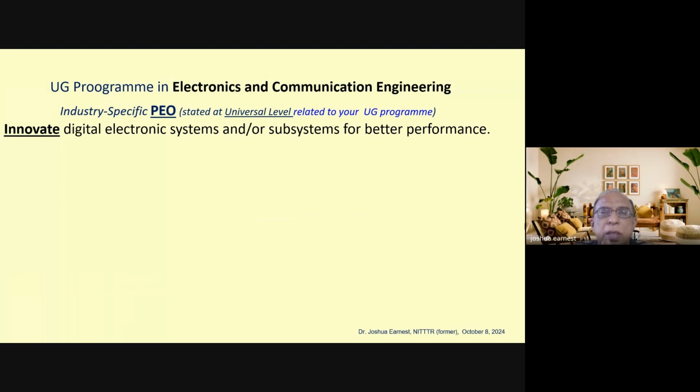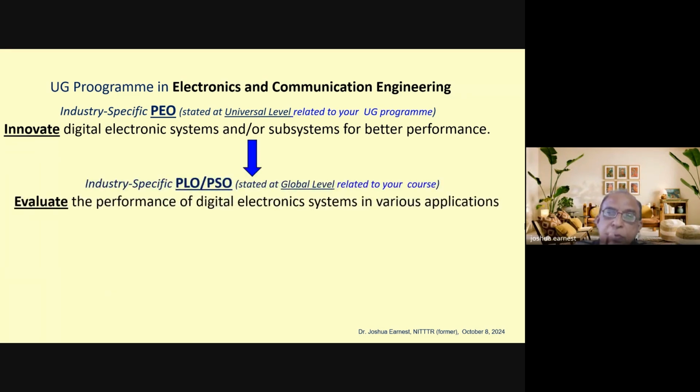I'm taking one example, electronics and communication engineering. You can take your program and start writing the PEU. The PEU for this one is: innovate digital electronic systems and or subsystems for a better performance. From the PEU, the PSO is written.